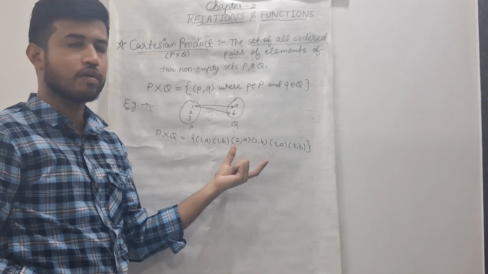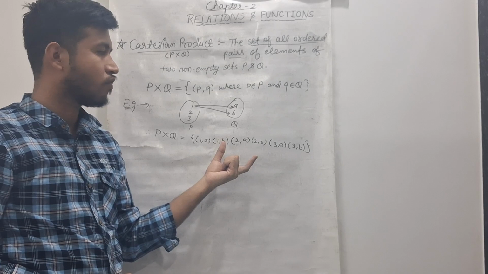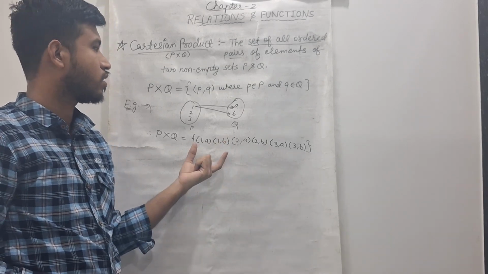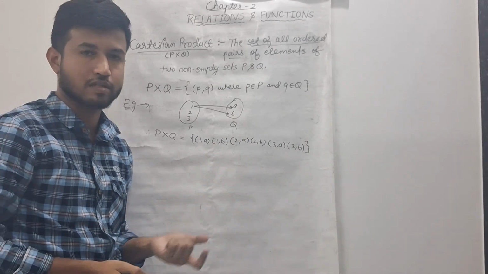What if we have to find the number of ordered pairs or number of relations?